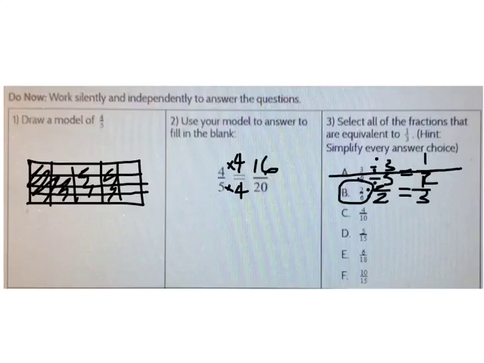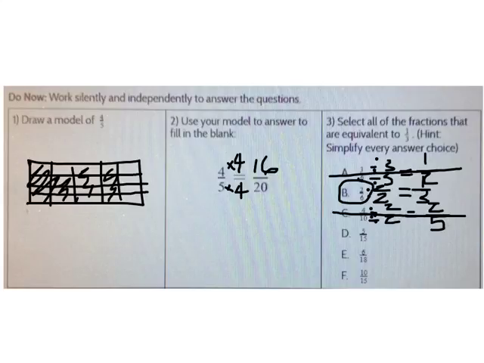Let's look at C. Is C written in simplest form? No. What's the largest number that goes into both 4 and 10? It's 2. When I simplify 4/10 by dividing 4 and 10 by 2, what's my new fraction? It's 2/5. Is C a correct answer? No. Slash it.